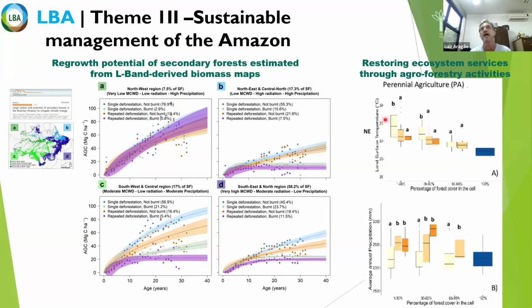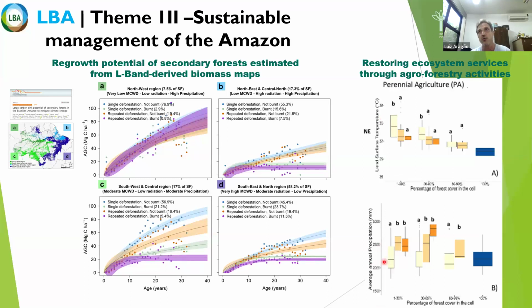Here it shows, for example, the percentage of forest cover in a grid cell from 0 to 100%. And first, if you increase primary forest cover, you decrease temperature. But when you have deforested land, with only 30% of forest cover, you also see that if you increase agroforestry in this area, you decrease the temperature of the land.